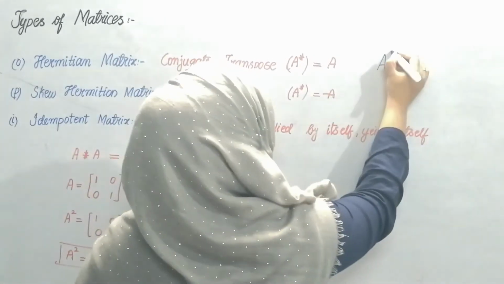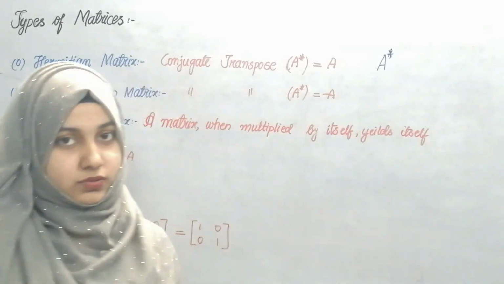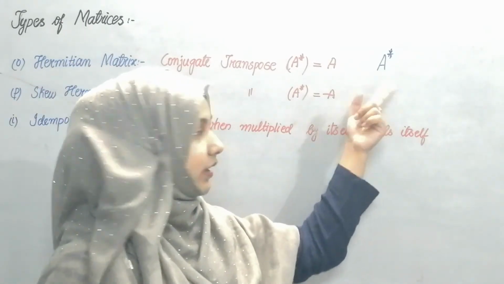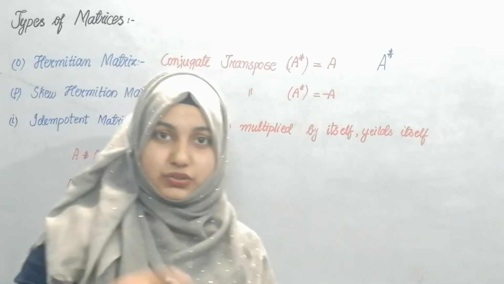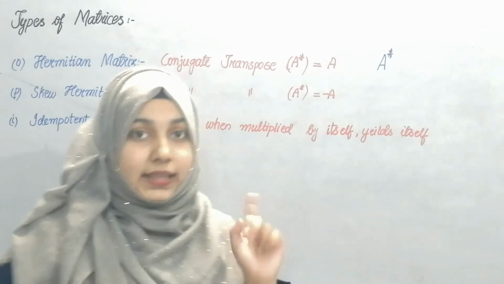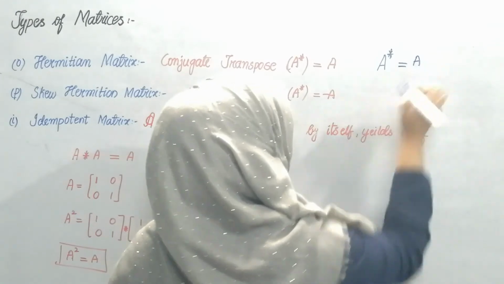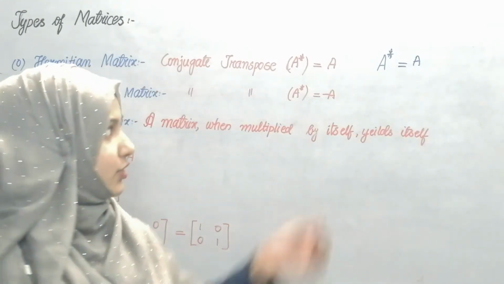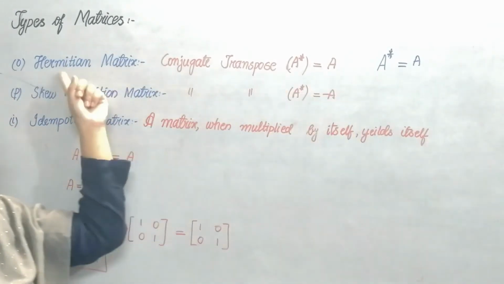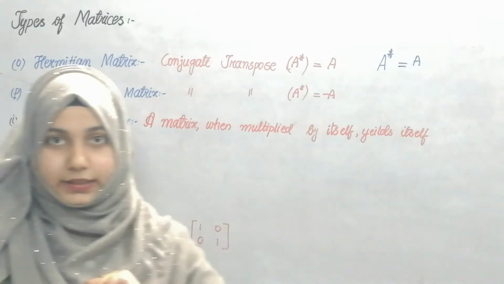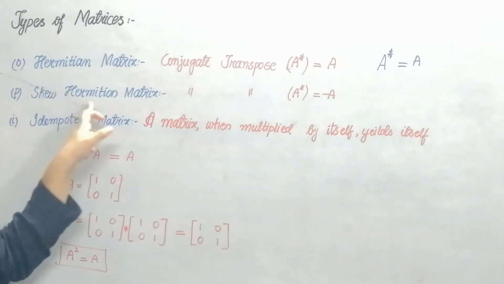We know this. Conjugate or conjugate transpose, whatever you call it, is denoted with A star. If a matrix is given and applying the conjugate transpose gives me the matrix itself, the original matrix, such matrices are called Hermitian matrices.